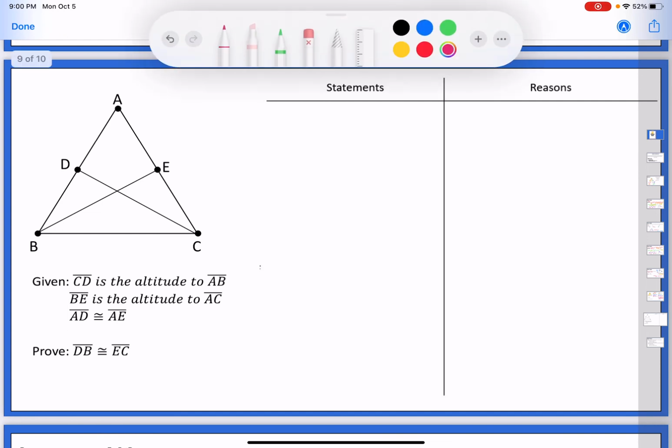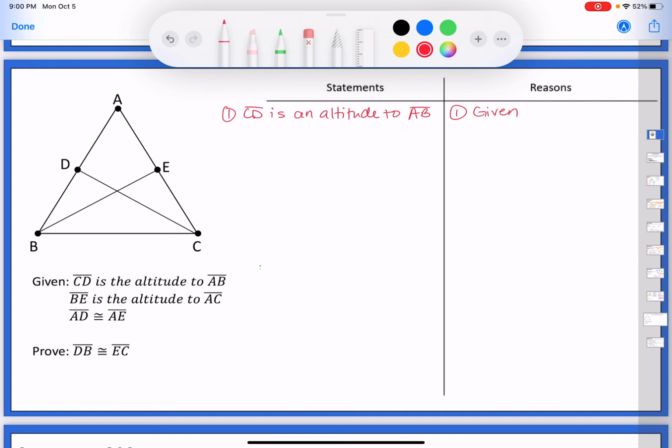So in this next one, we are given that CD is an altitude to AB. Move this over just a little bit. There we go. All right. CD is the altitude to AB.